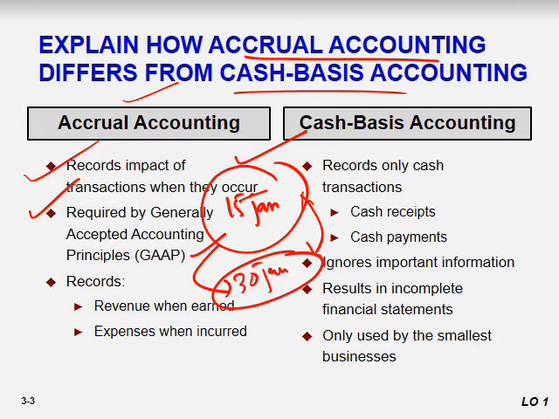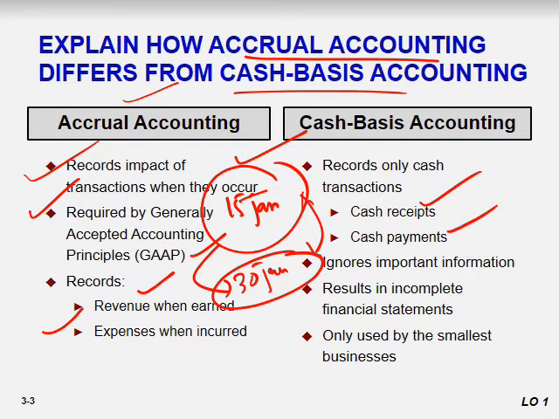So the basic idea of accrual accounting is that it records revenue when earned, and it records the expenses when incurred. Coming to the cash basis accounting, the cash basis accounting records only cash transactions like cash receipts and cash payments.